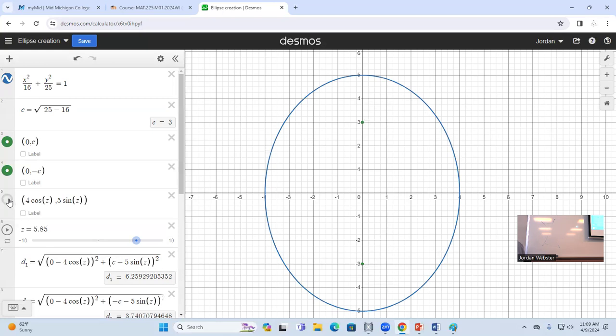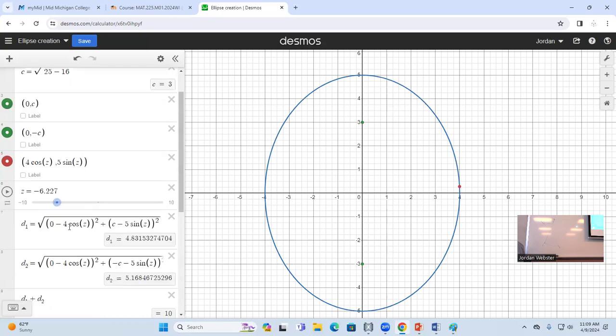Well, the interesting feature is that if you put a point on this ellipse and you let it move around the ellipse, the distance from this point to one foci and the distance from this point to the other foci are going to be changing.